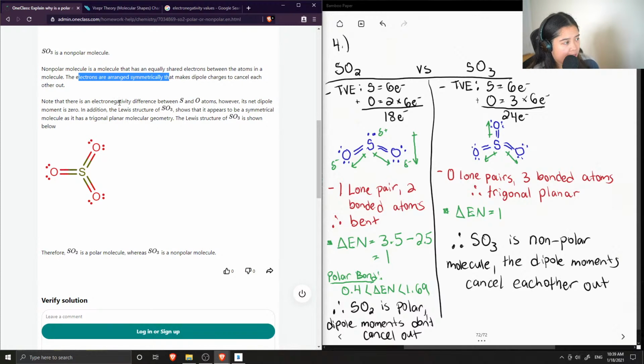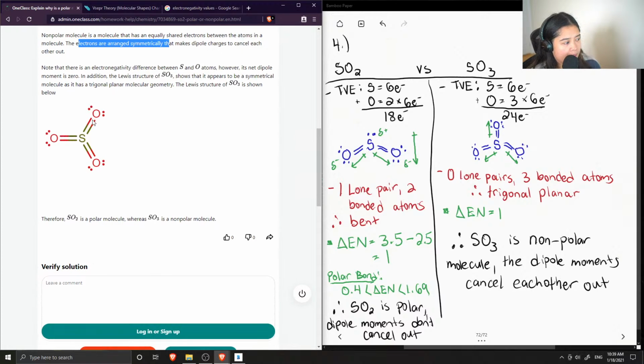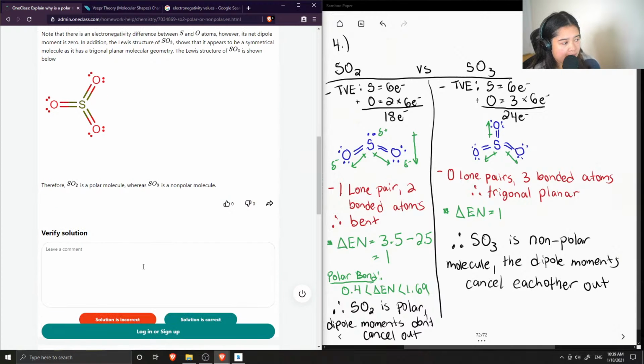Note that there's an electronegativity difference between sulfur and oxygen atoms. However, its net dipole moment is 0. You can see it's a symmetrical molecule that is trigonal planar. And that is why SO2 is polar, whereas SO3 is nonpolar. Okay, so this solution is correct.